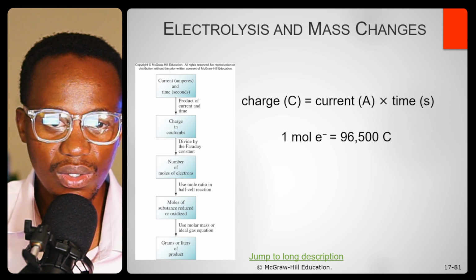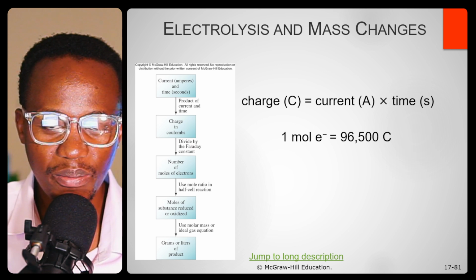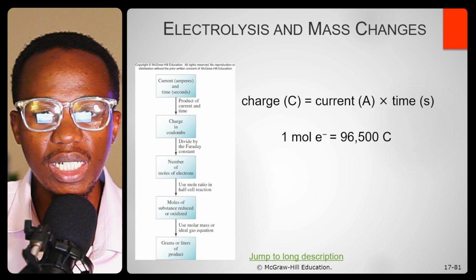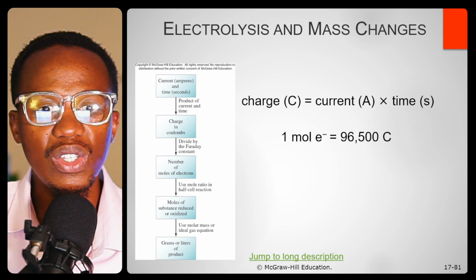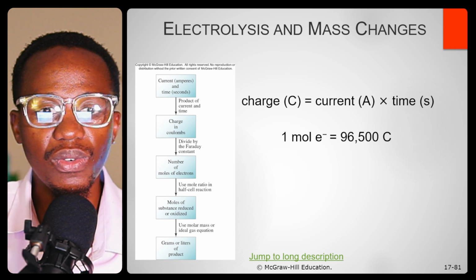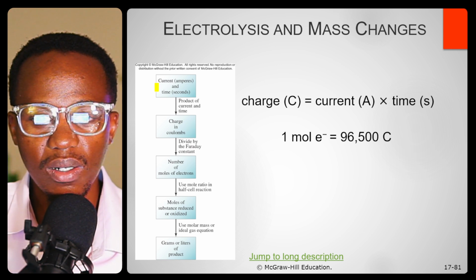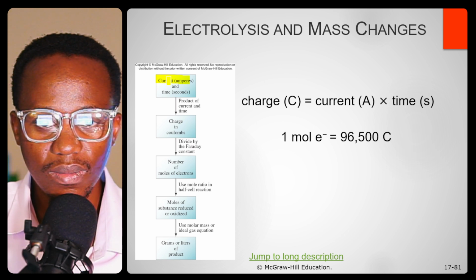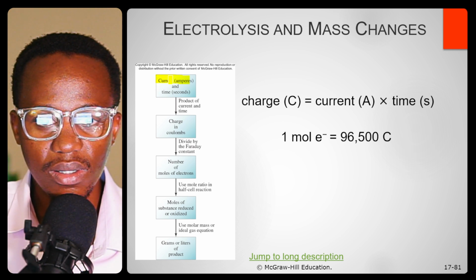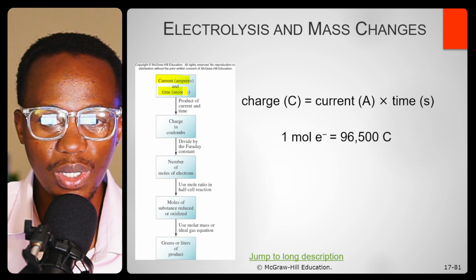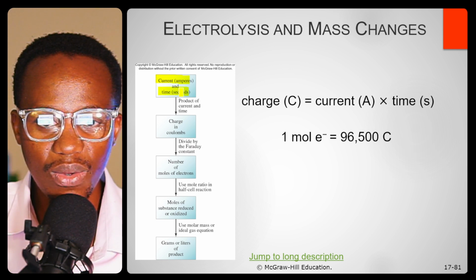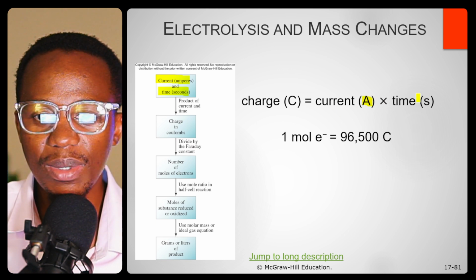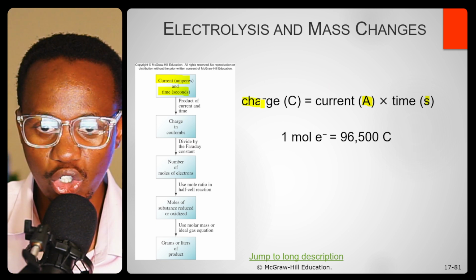You can make some calculations from electrolysis based on how much, right? This is important. Based on how much current you're putting into electrolysis, you can measure how much of the chemical you should be producing, right? So you take the current and the time that you're putting in. When you take the current in amperes times time in seconds, it gives you the charge, right?